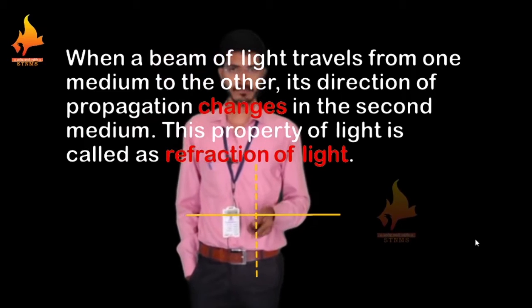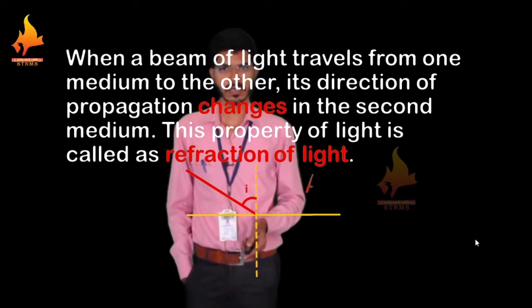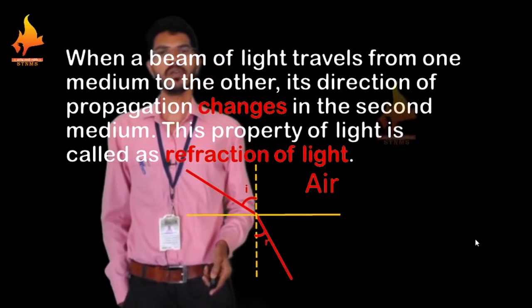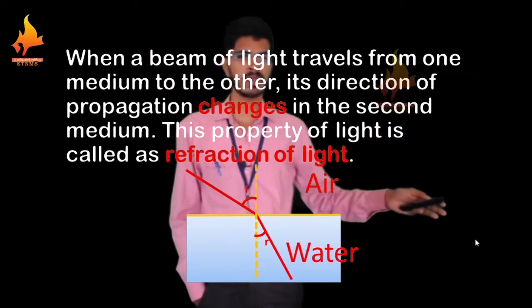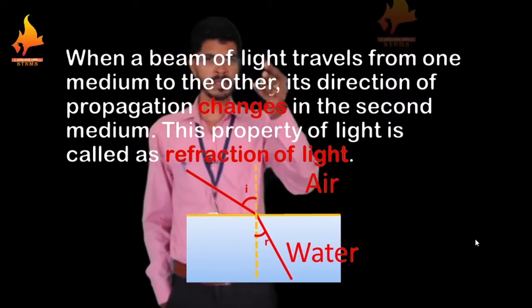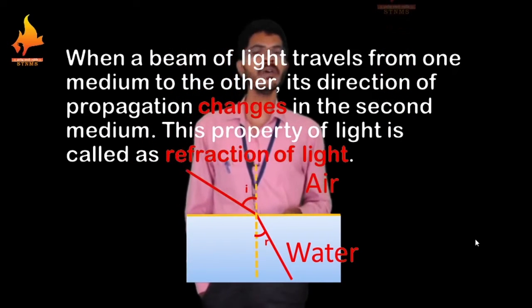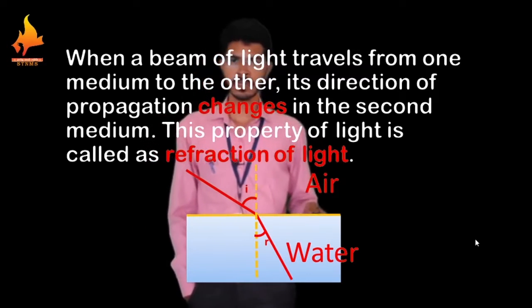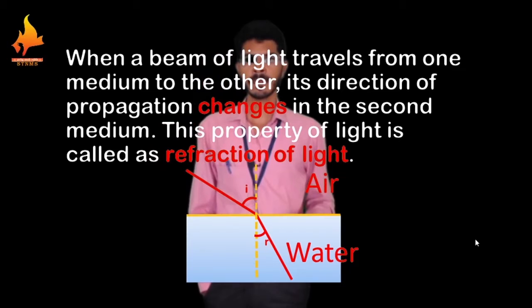Assume that I am passing a ray of light from the air into the water. The one which you are able to see down is water, and from the air the light ray is traveling into the water.